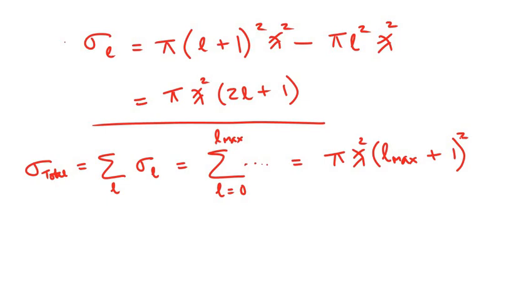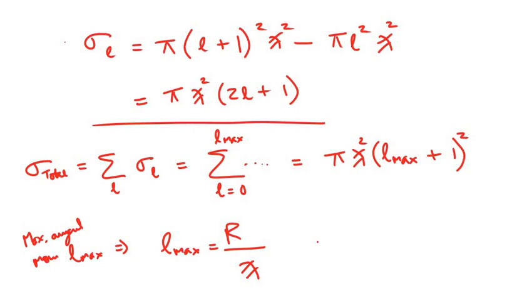Now we can write for this maximum angular momentum, L max is equal to the largest possible radius r divided by lambda cross. So this means L max plus 1 equals (r plus lambda cross) by lambda cross.